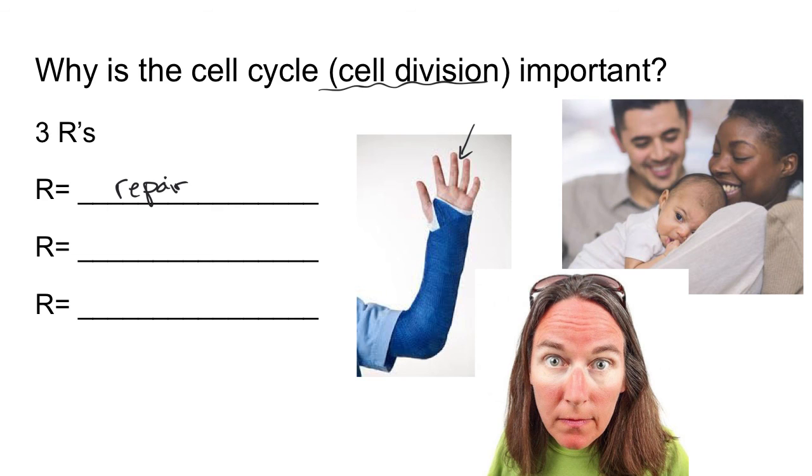The second R is this baby who's pretty young, and it is for the purpose of regenerating, right? New cells and an embryo. Repair, regenerate, and the last component is to replace older cells.